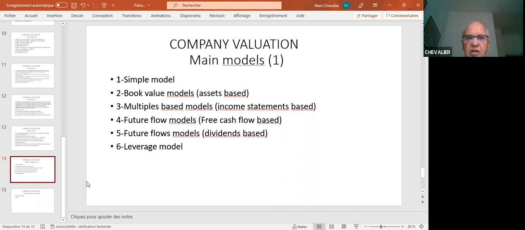And in all these elements, you have to remember that you have to take into account the liquidity, the volatility, the behavior of a shareholder, for example, and many other elements which are not in the basic models.